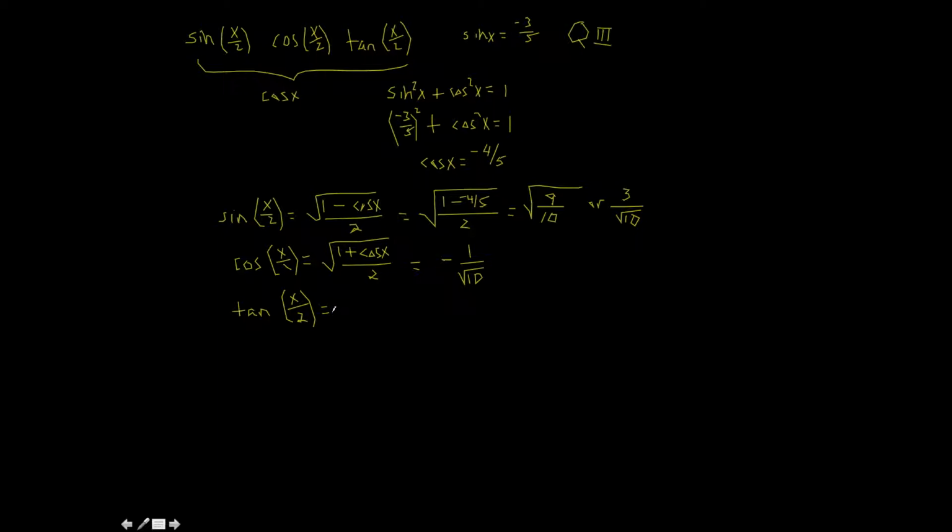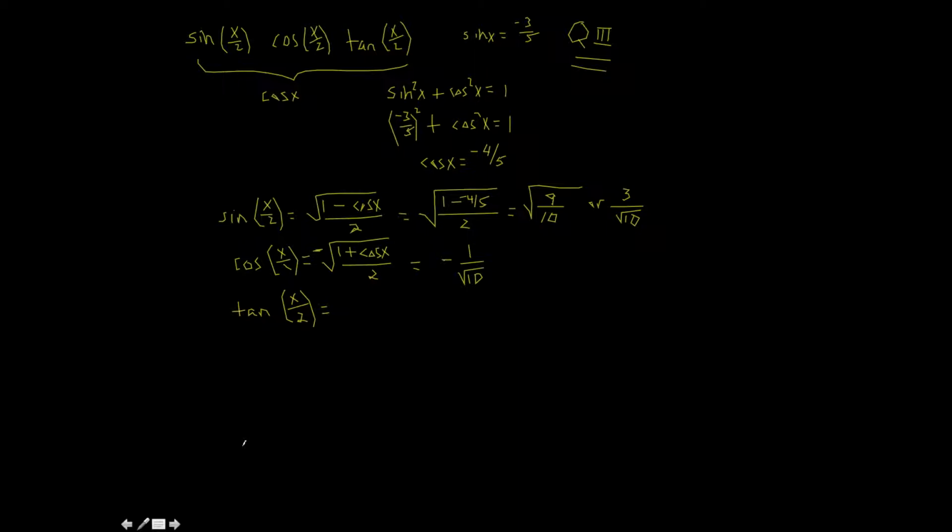You can use those formulas by all means, if you need to. Now, one thing I want to note: this has got to be negative. I wrote the final answer as negative, but why does that square root have to be negative? Because we are in quadrant 3. Cosine is negative in quadrant 3, and tangent is also negative. So if you do any square roots with tangent, you would have to use the negative.